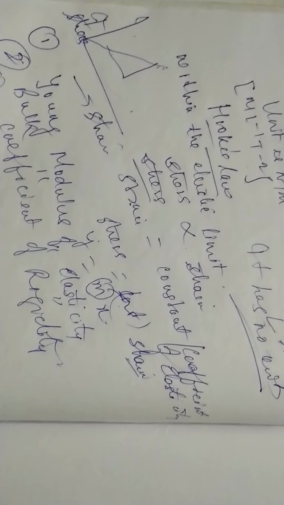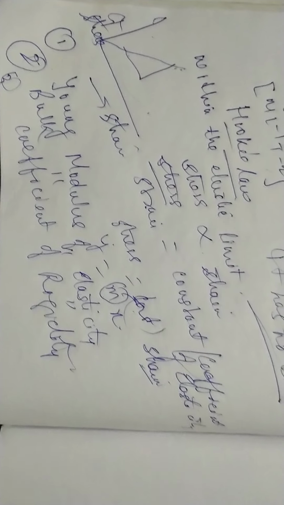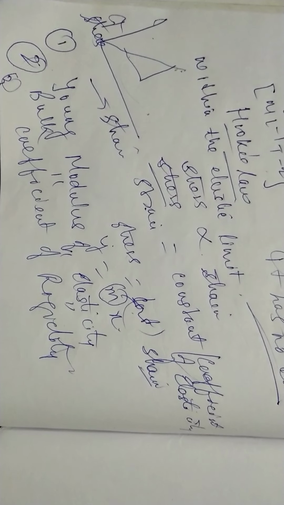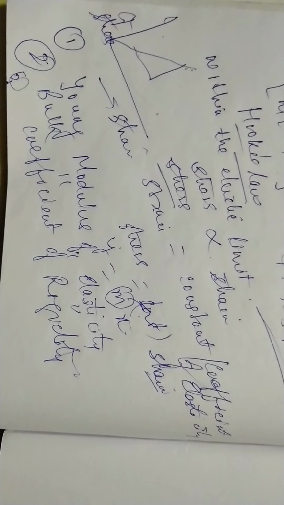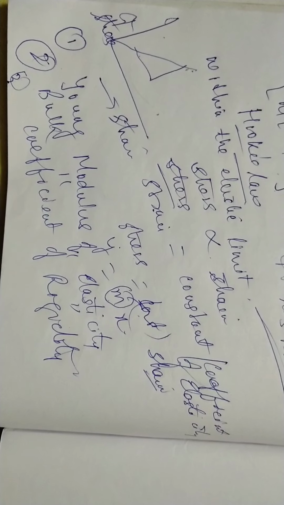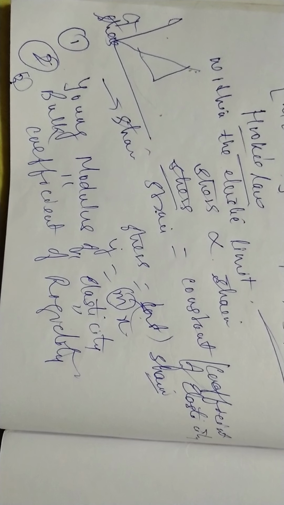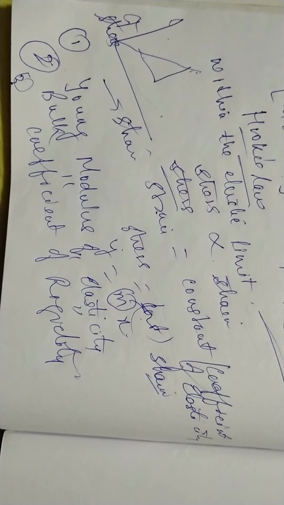So within the elastic limit, the stress is directly proportional to strain, that is, stress by strain is equal to a constant, and this constant is known as the coefficient of elasticity. If you plot a graph between stress and strain, you will get a straight line because it is directly proportional.